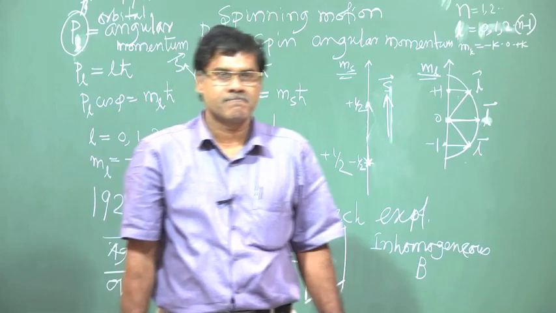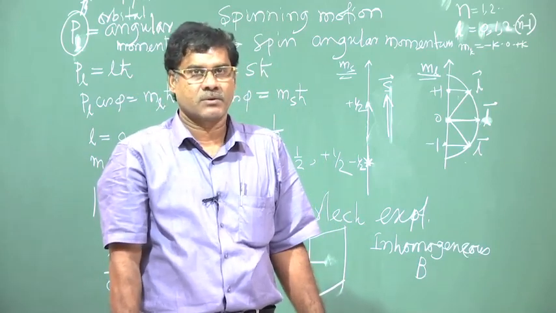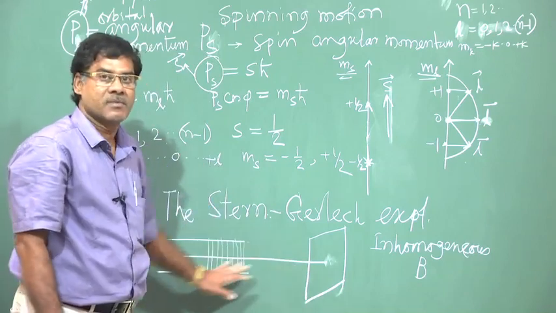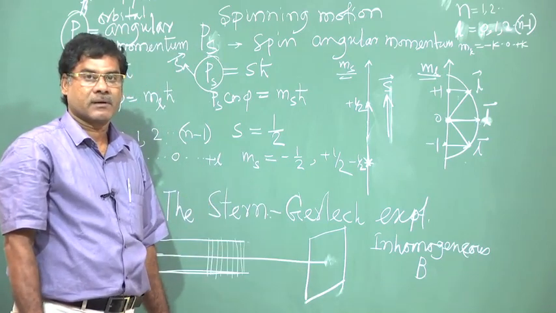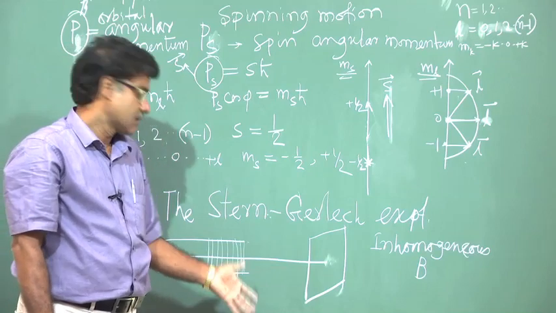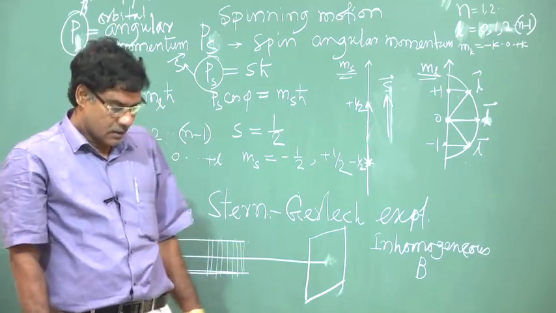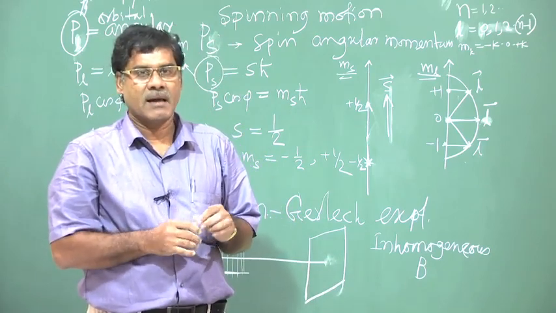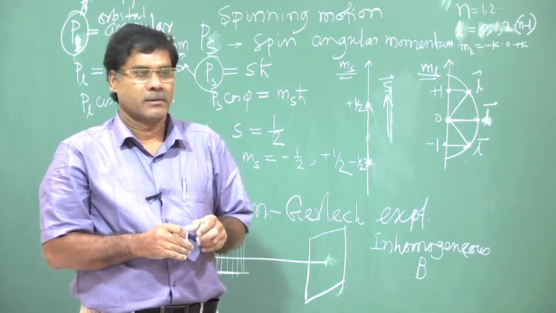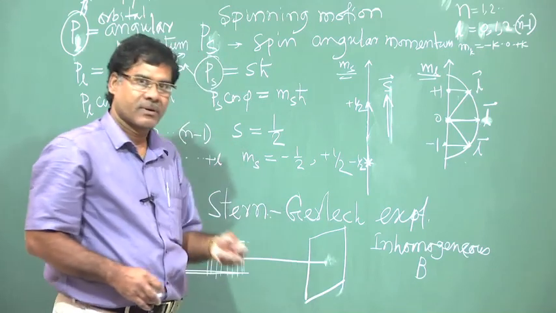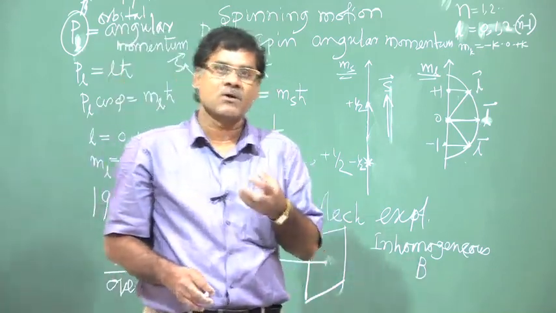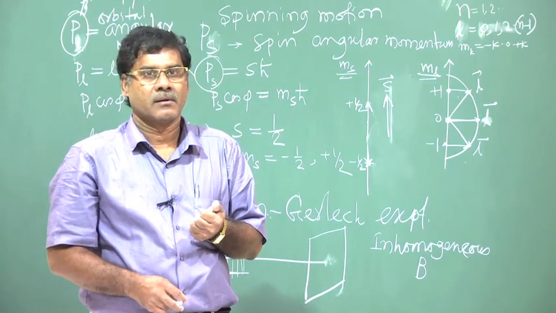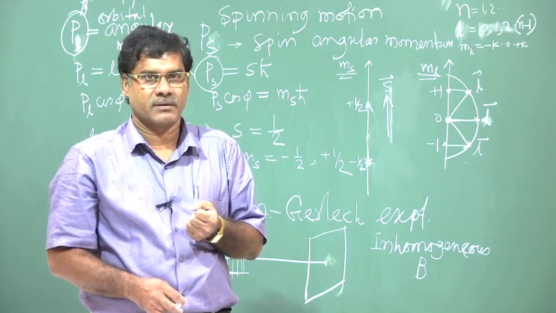The reason is that this silver atom was neutral, there is no charge, the atom is just moving. So, if I apply a magnetic field and the atom does not have a magnetic moment, then you will not get any effect of the magnetic field.